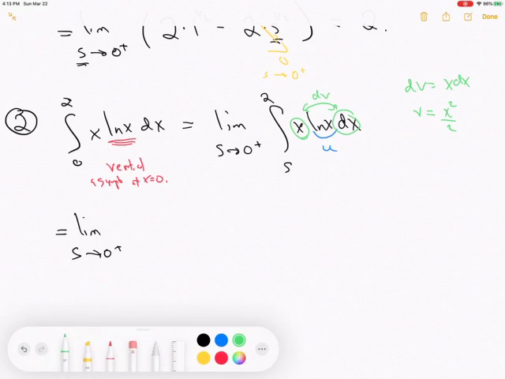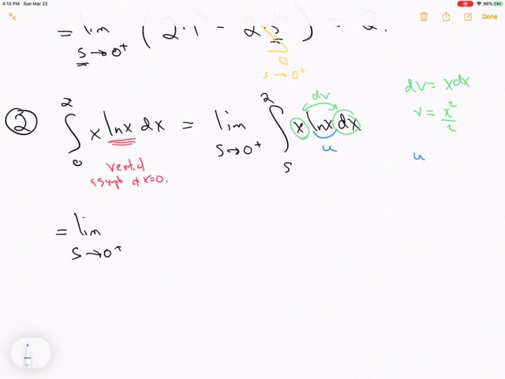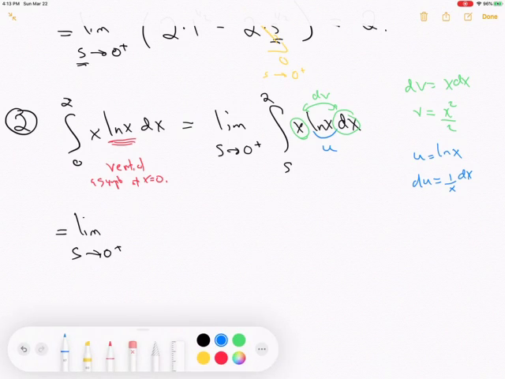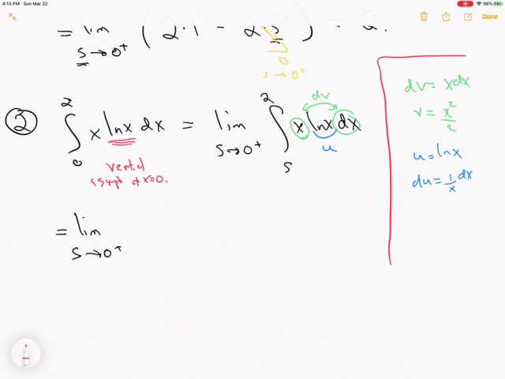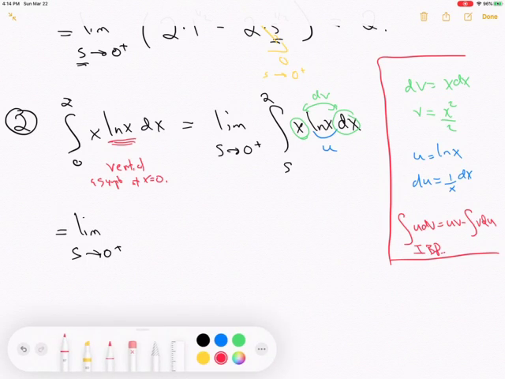And if u is natural log of x, then du is 1 over x dx. For completeness, I'll remind you that the formula for integration by parts is that the integral of u dv is equal to uv minus the integral of v du. That's called integration by parts. Anyways, we have it all set up here.